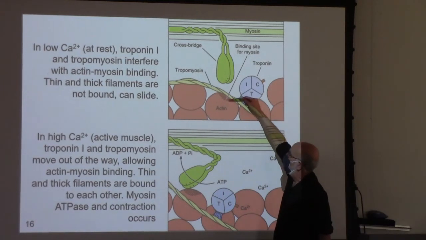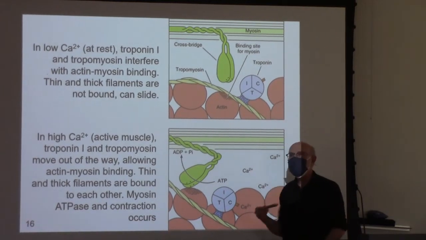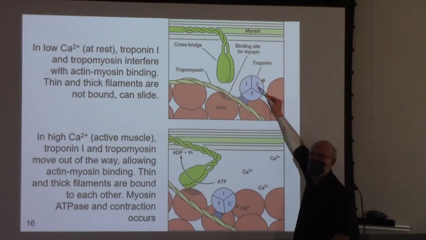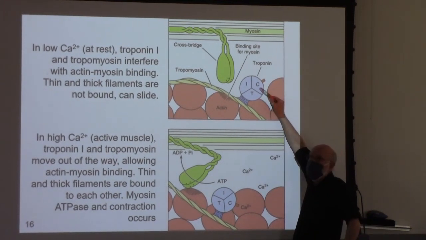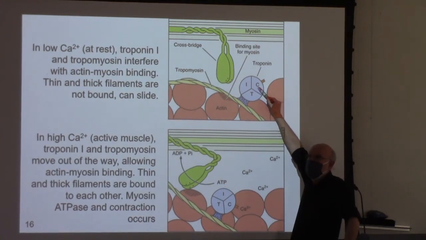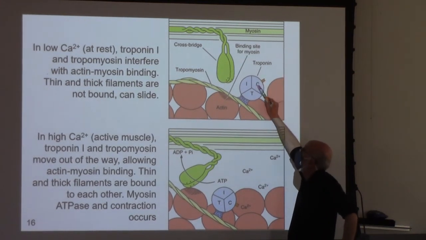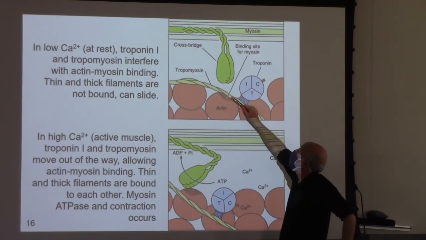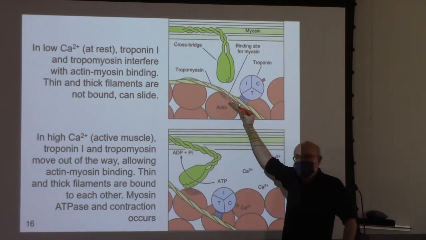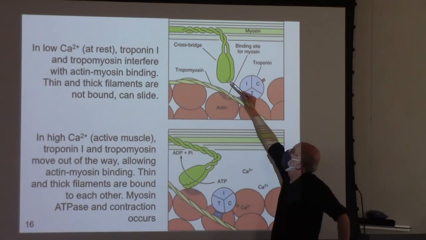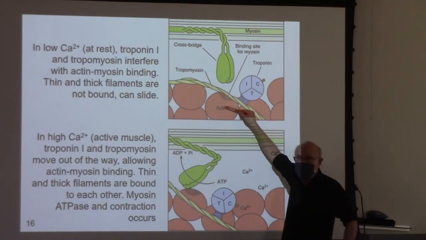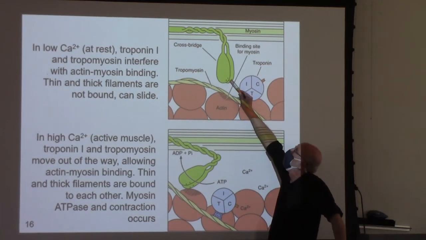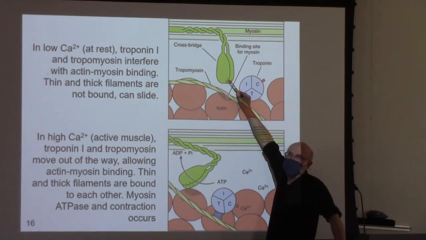Head, thin filament. When the muscle is relaxed, troponin does not have calcium bound to it because calcium concentrations are low. And troponin and tropomyosin block the site on actin that wants to bind, that has affinity for the myosin head.